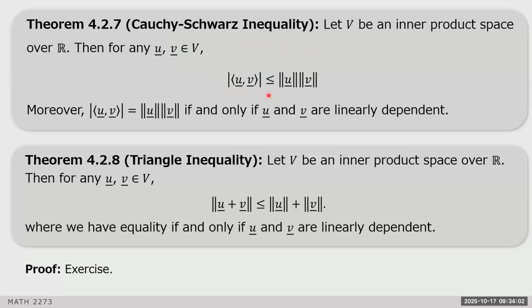Complex numbers are vectors. Are we talking about complex numbers here? No, we just said V is an inner product space over R. So this works for more things than complex numbers, any inner product space. This is called the Cauchy-Schwarz inequality.